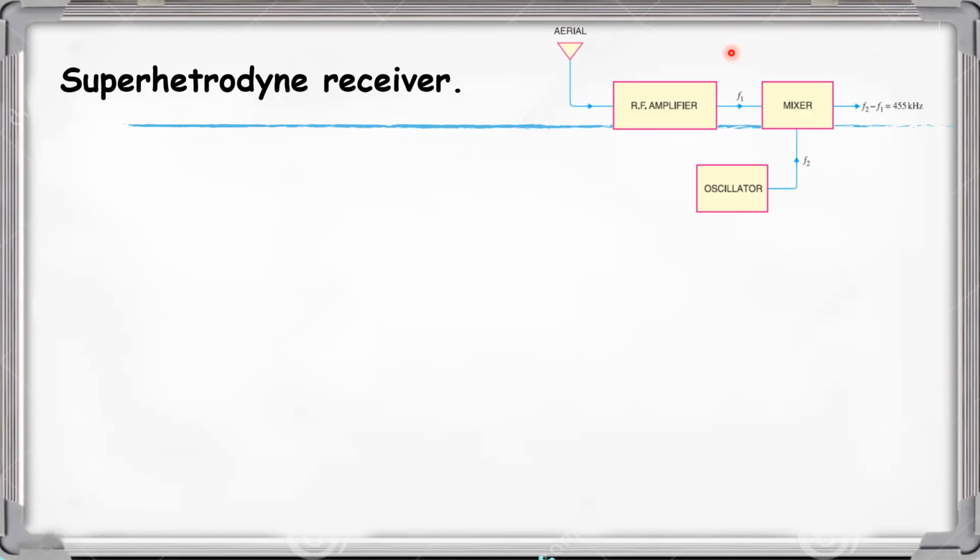The figure shows a superheterodyne process. It is the main factor of the superheterodyne receiver.